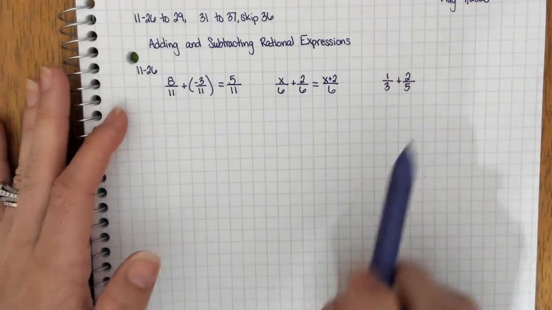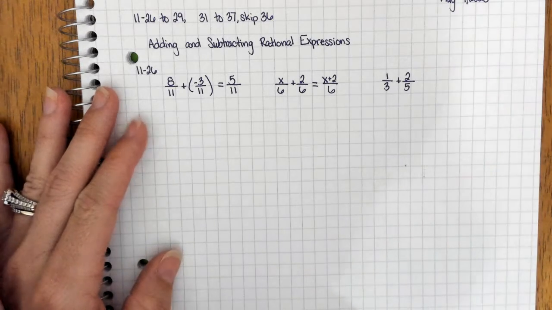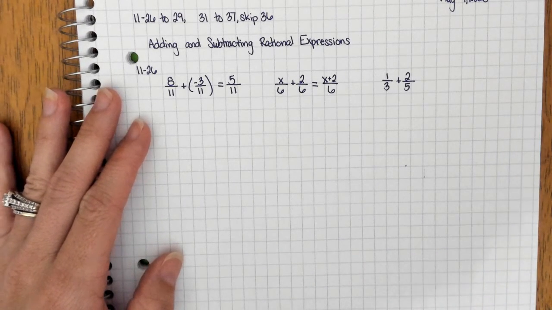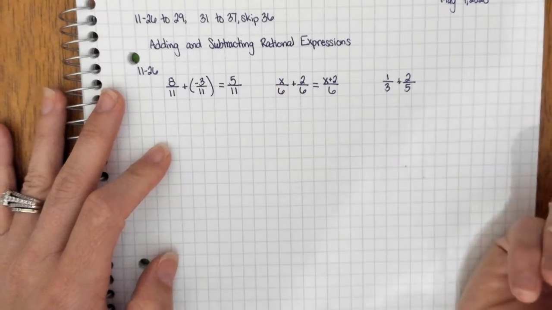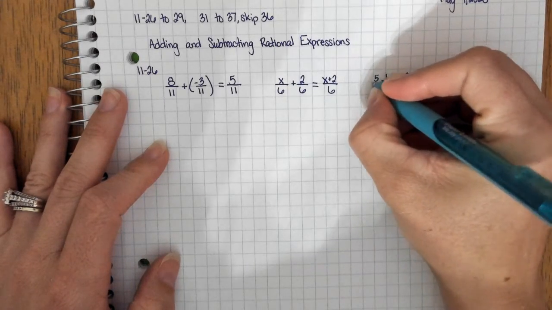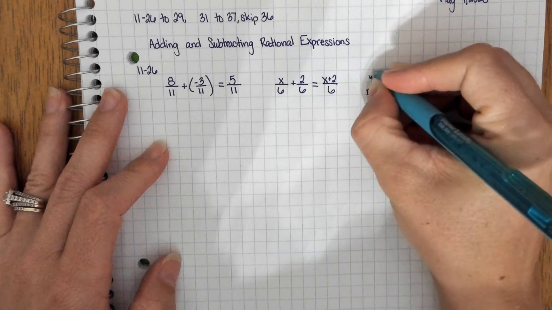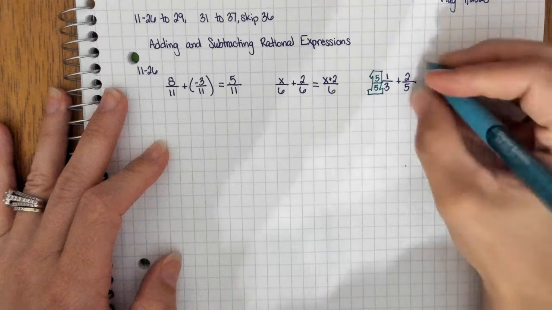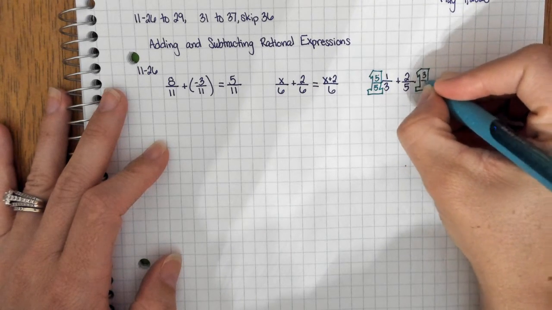So remember, going way back, when fractions don't have a common denominator, you have to give them one. You do that by multiplying each fraction by essentially a 1. With 3 and 5, we know the common denominator would be 15. So here we multiply by 5 over 5. We're able to do this because it's really just a 1. And you're multiplying the second fraction by 1, but what's in your 1 here is 3 over 3.